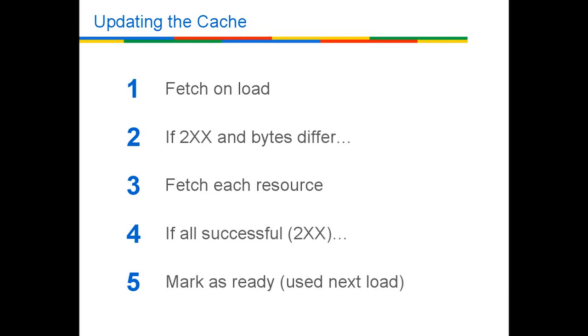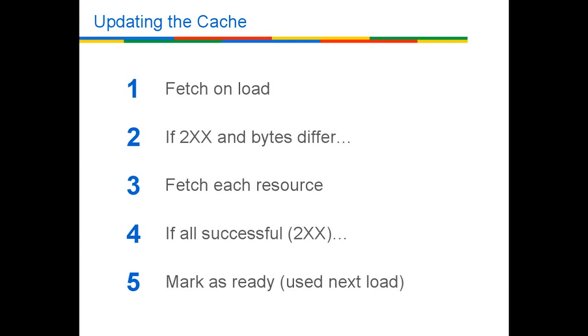What this means practically is that you need to make the bytes in the manifest change in some way if any of the resources in that manifest change. You can hack around it using digests as comments in the manifest, a version number comment, something like that is some tricks that we've used.